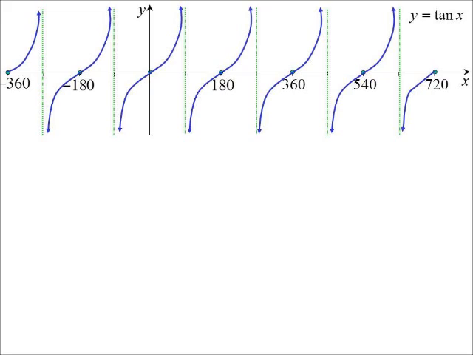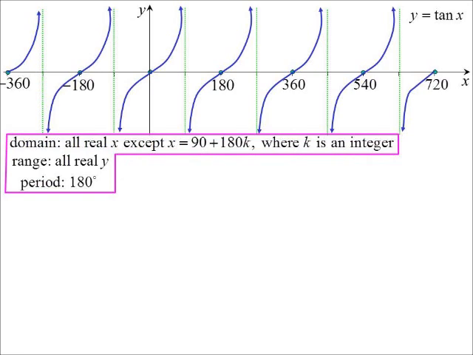There we go. So what can we tell from this one? The domain's a little bit more interesting because we have all these asymptotes. So a way of generalizing that, so I don't have to say, oh, except x equals 90 and 270 and what's the next one? 270 and 450. Thank you. 450. And in the other direction, I could have said negative 90.